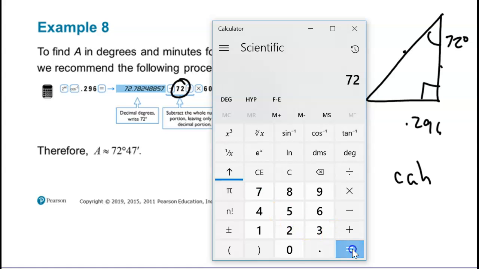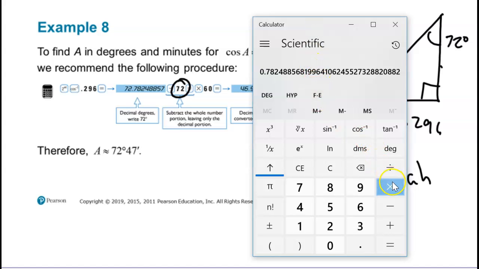Let me redo this one again: 0.296, inverse cosine, minus 72 leaves me with that number right there.